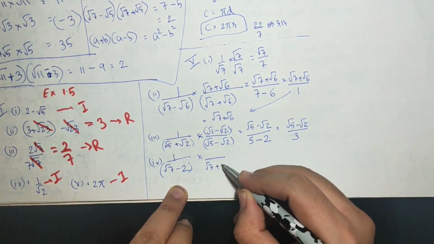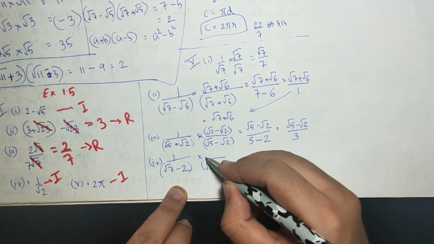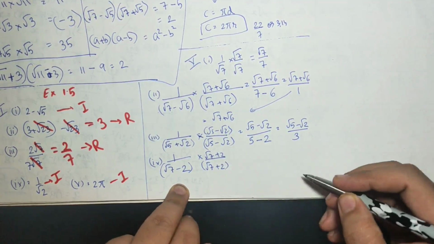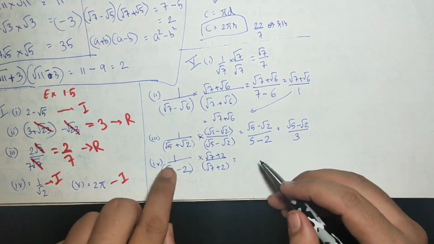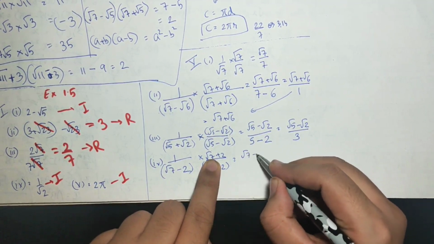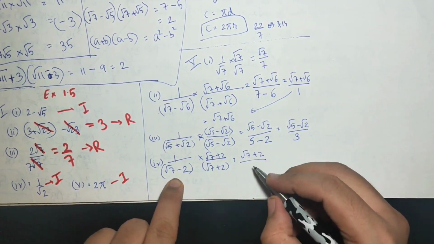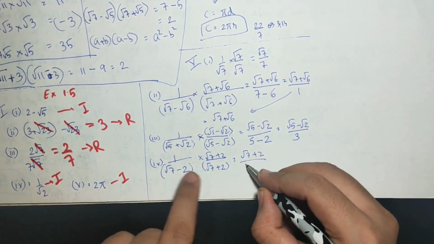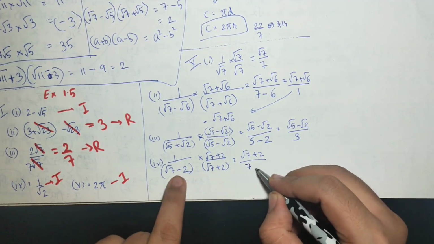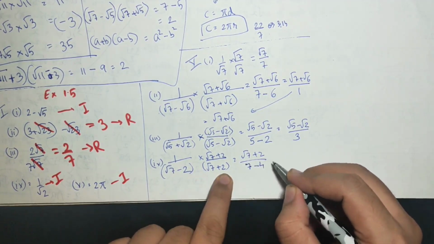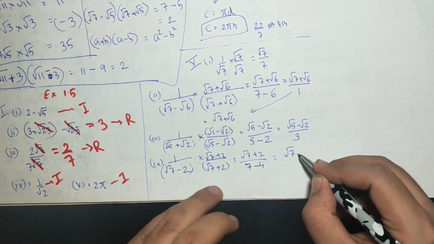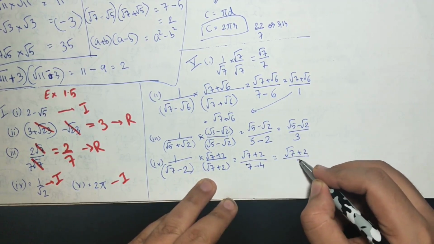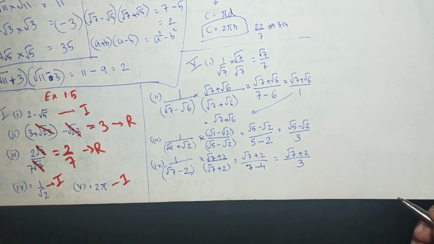So root 7 plus 2 will be multiplied. Root 7 plus 2 in the numerator. 1 into root 7 plus 2 is root 7 plus 2. In the denominator, it will be root 7 square, that is 7, minus 2 square, that is 4. So the answer will be root 7 plus 2 upon 3.